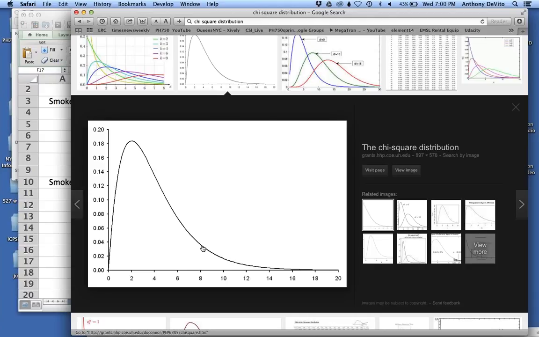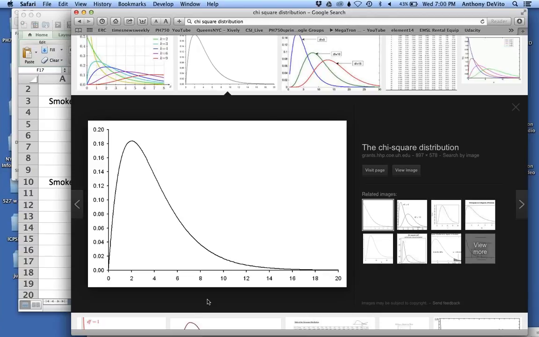There's a different distribution for each situation where you have a certain number of columns and rows, degrees of freedom it's called. So in this case, this is for a table that might represent 3 or 4 degrees of freedom. So these numbers are pretty big. Our particular situation is we have only 2 rows and 2 columns, and that happens to be 1 degree of freedom.